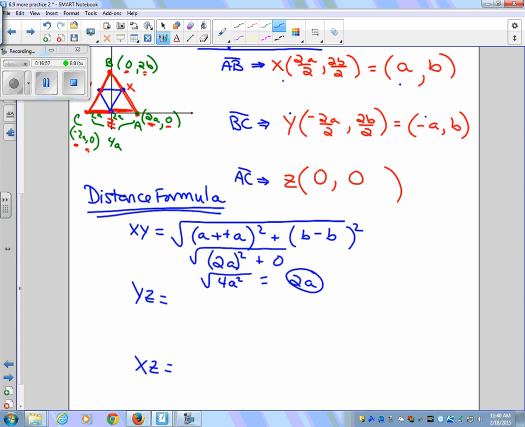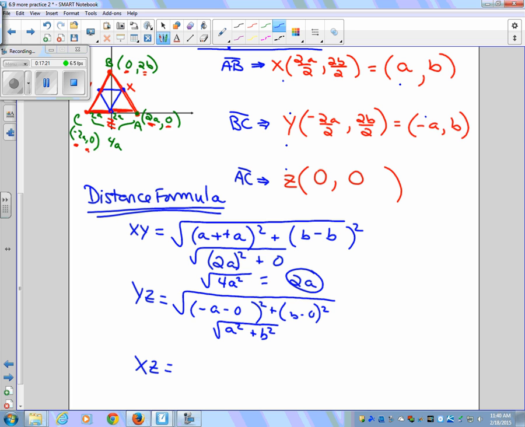Okay, YZ, the square root of, from Y to Z, we subtract the x's. We get negative a minus 0 squared plus b minus 0 squared. Negative a squared is a squared, plus b squared.